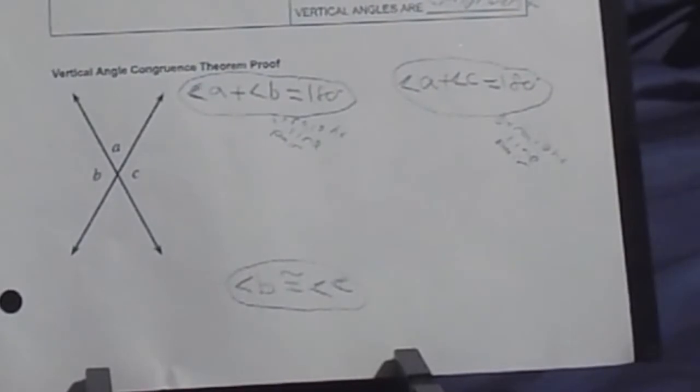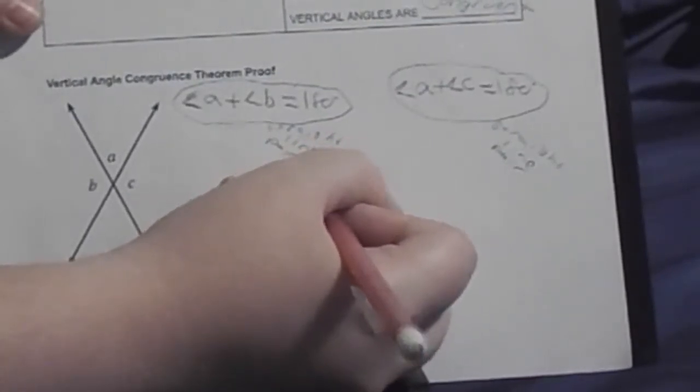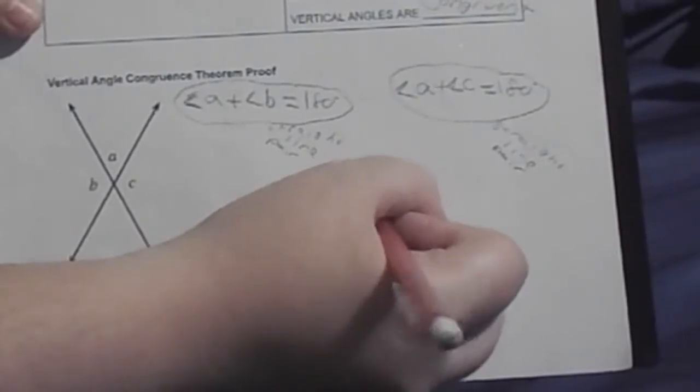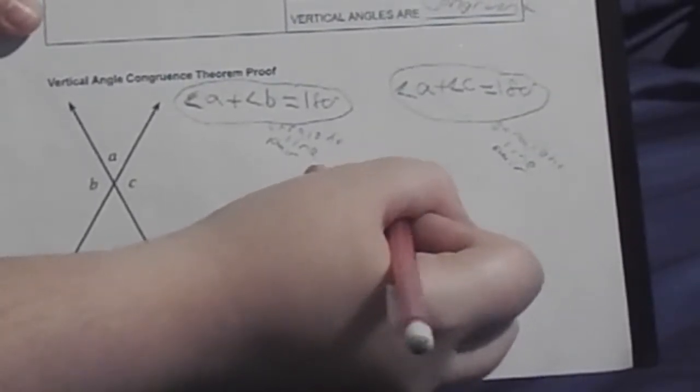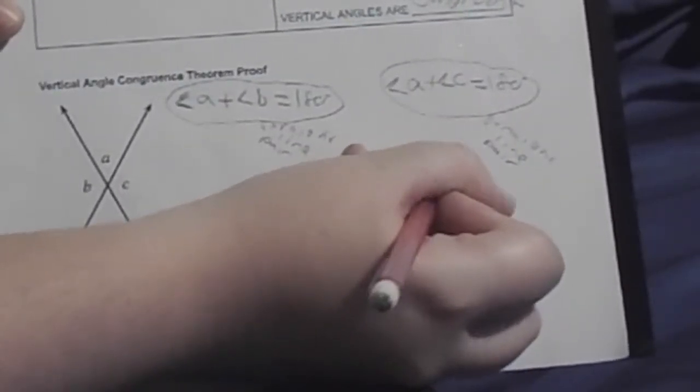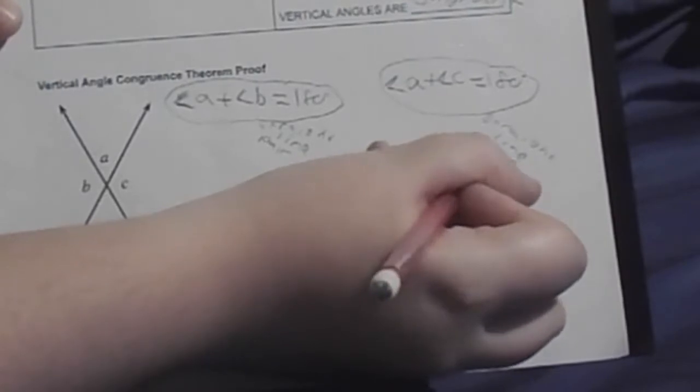Well, algebraically, if this equals 180 and this equals 180, if they both equal 180, then they have to equal each other, right? They have to be the same. So I could say that angle A plus angle B has to equal 180, but also 180 equals this, so it has to equal angle A plus angle C.